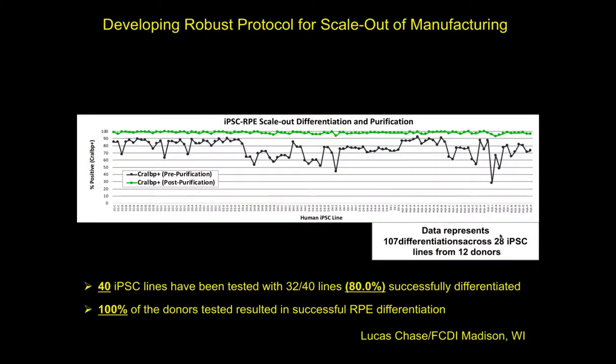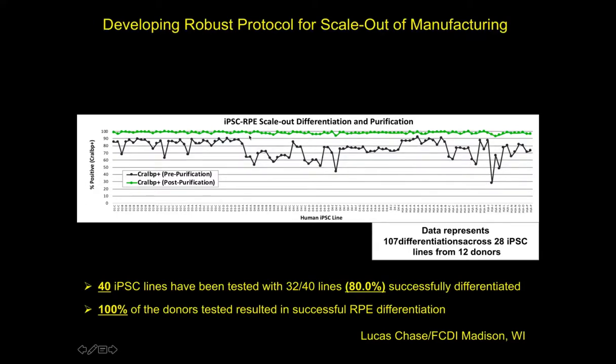This is an example of a scale-out differentiation and purification of this process. What we've done here is 107 different differentiation runs across 28 different iPS cell lines, from 12 different donors, performed by 4 different operators. In black, you see the purity of cells at day 40 before the enrichment step, and we range from 90% to, I think, almost 40 to 50%.